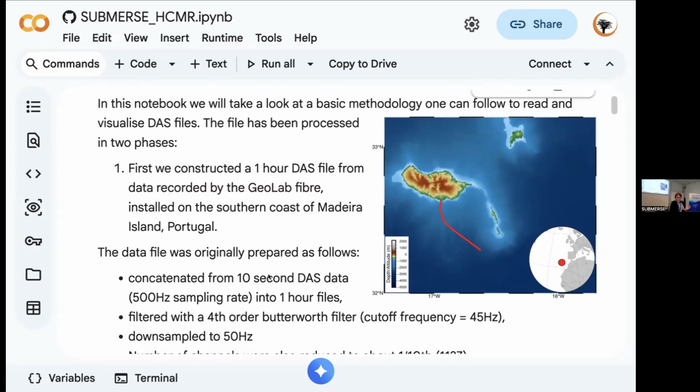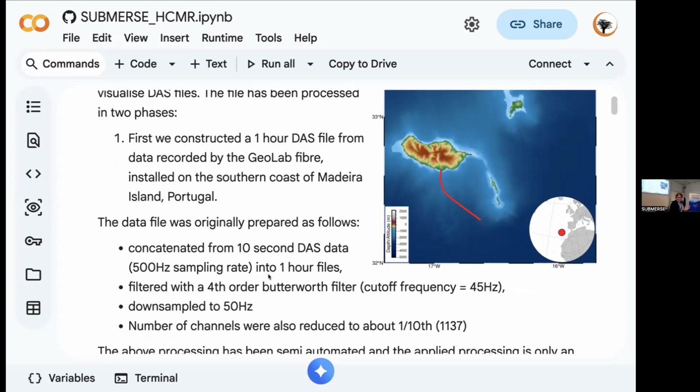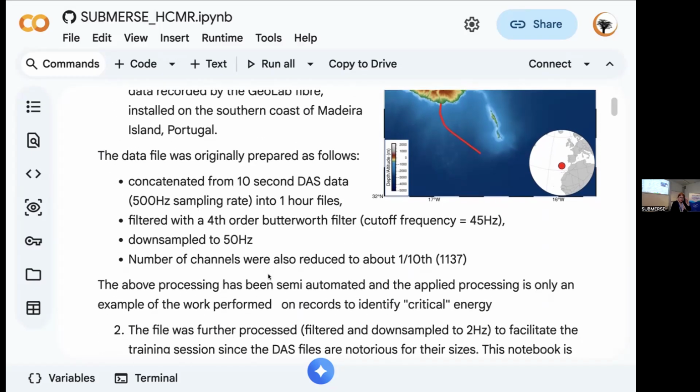The data that we're using is already processed data that comes from 10-second DAS files. The sampling rate of the data that I am using, which is from the 27th of October of 2023, is 500 hertz. It has been filtered and downsampled originally to 50 hertz.